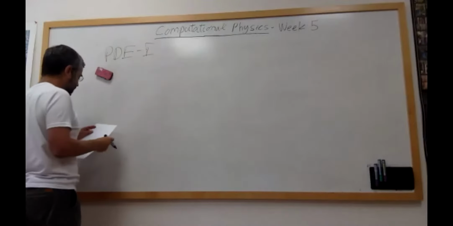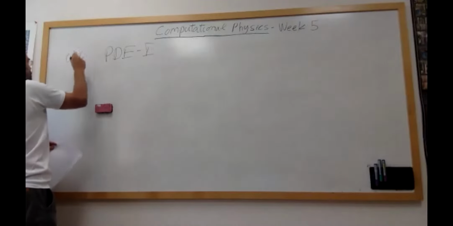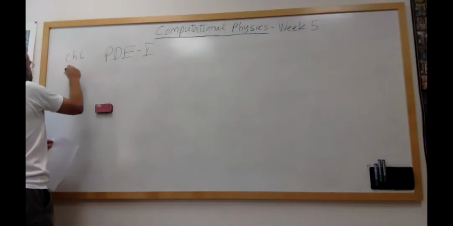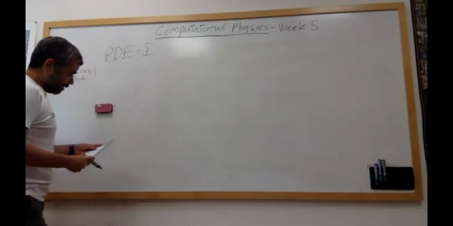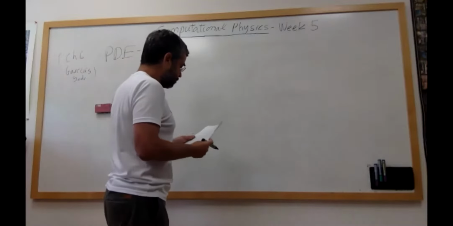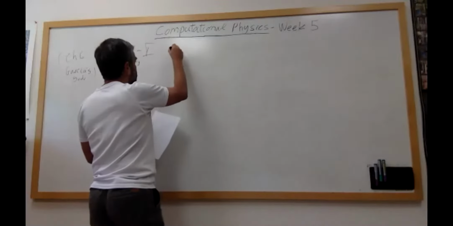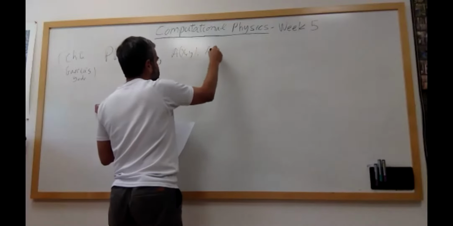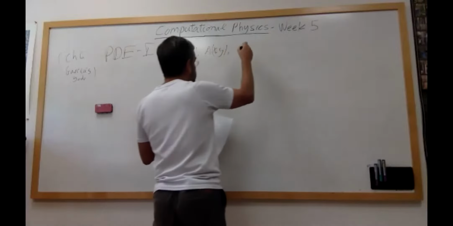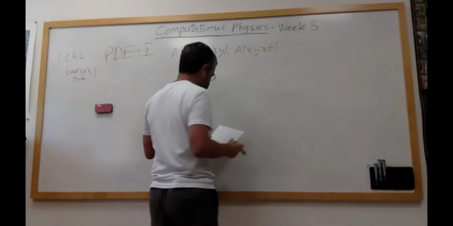So I'll go to PDE 1, which is chapter 6 in Garcia's book. We can write it in the form of some function of x and y, or x and t, or a function of x, y, z, and t, and so on.